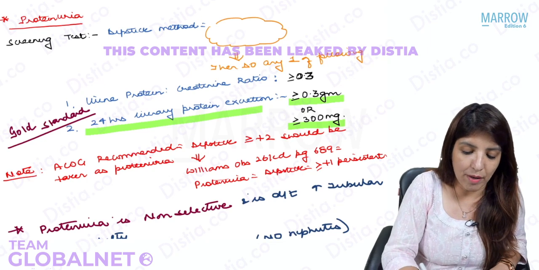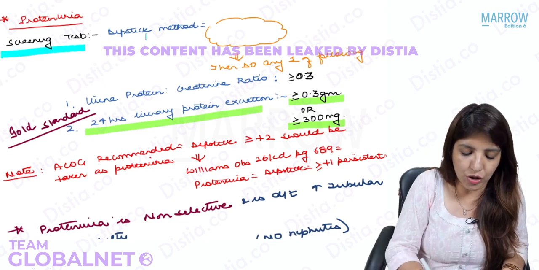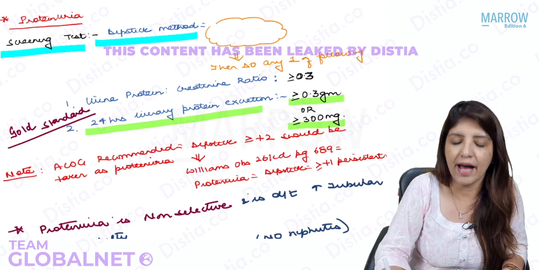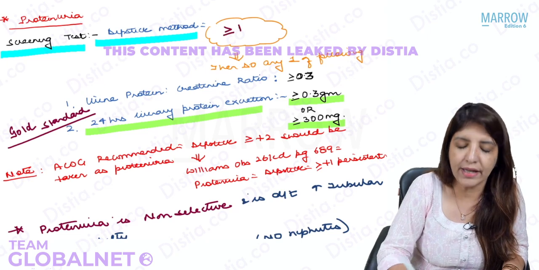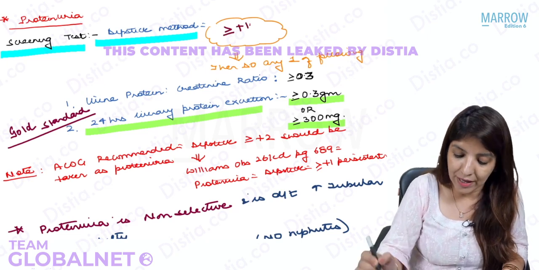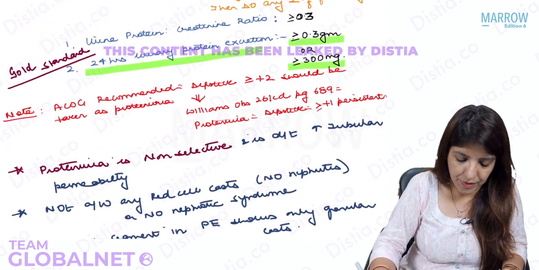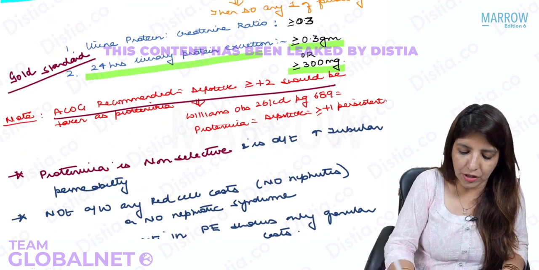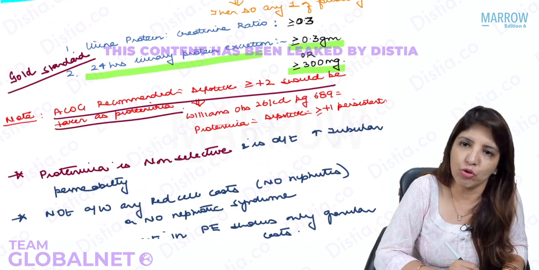Right? Now coming to proteinuria. The screening method for proteinuria is dipstick method, and by dipstick method, proteinuria is more than or equal to +1. Remember, just one thing which I want you to note, that ACOG recommended that dipstick more than or equal to +2 should be taken as proteinuria.